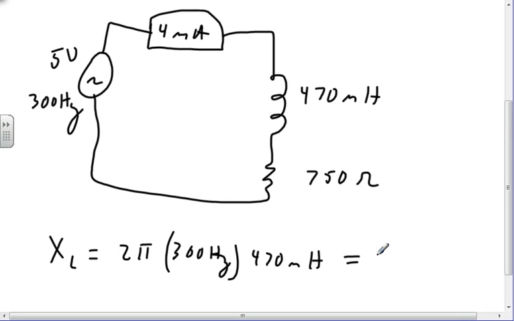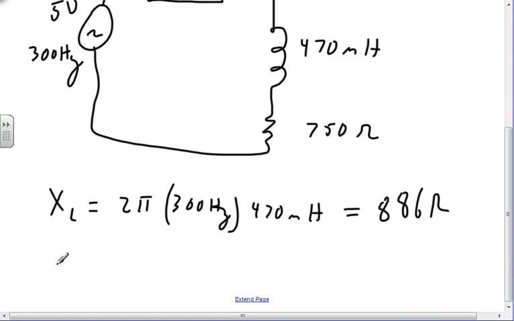All right, so 2 times pi times 0.3 times 470 equals 886. Okay, we'll call it 886 ohms.